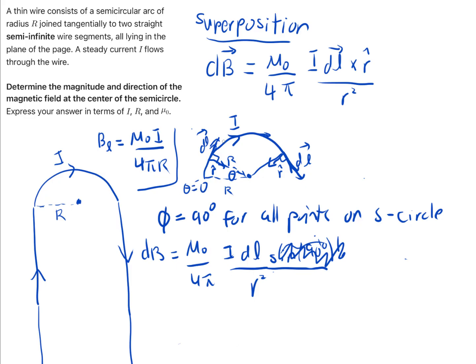And at the end, when it sweeps all the way over towards this other end, theta is equal to 180 degrees, or pi radians. And we want to integrate all of the contributions to the magnetic field from all of the elements here, so each element dl. So we need to figure out what dl is.